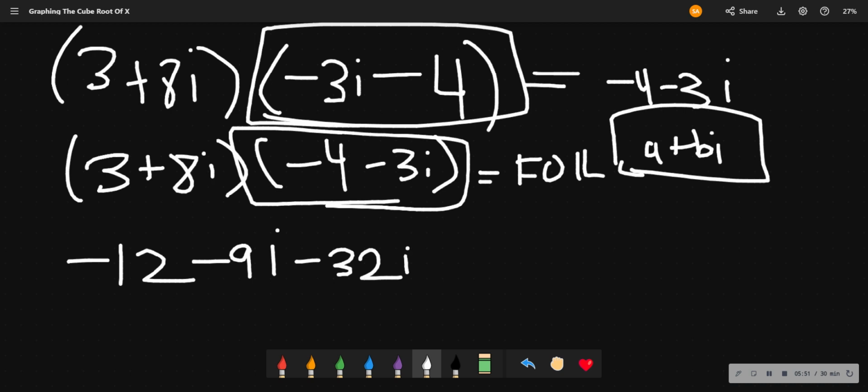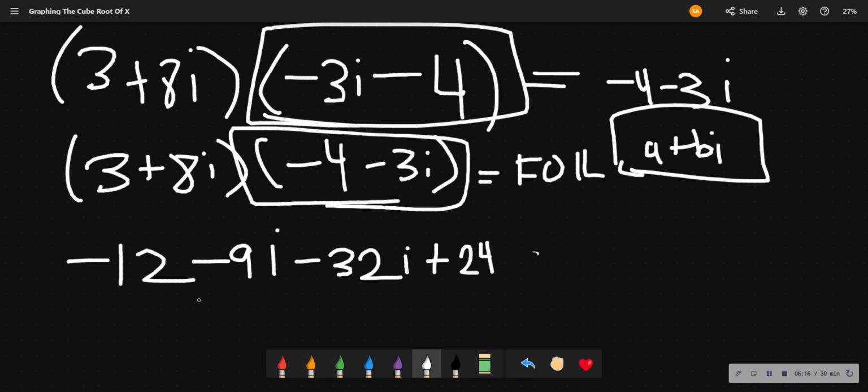And 8i times negative 3i is negative 24i squared. i times i is i squared, so it would be negative 24i squared. But i squared is negative 1. And negative 1 times negative 24 is positive 24. So it just leaves you with negative 12 minus 9i minus 32i plus 24.